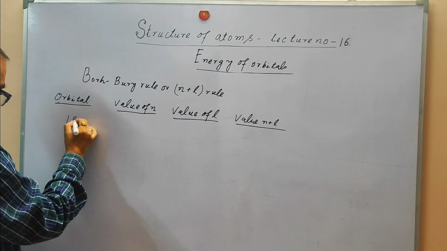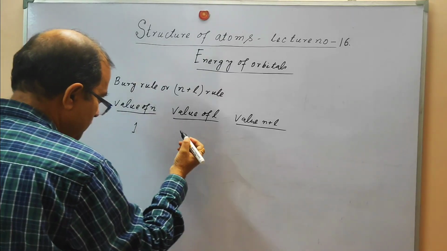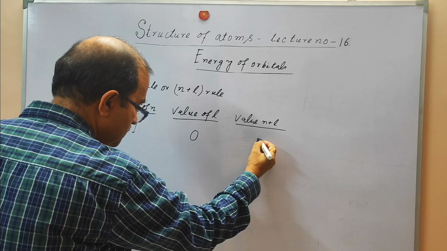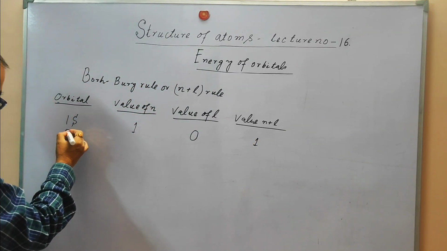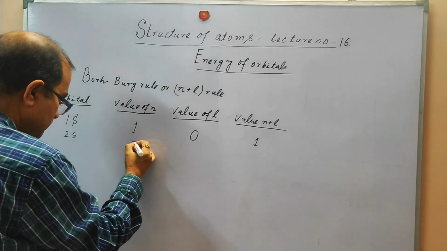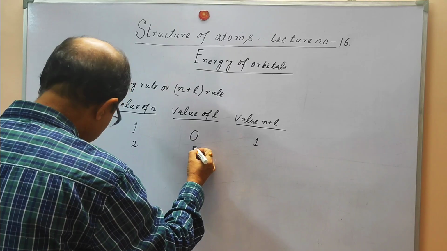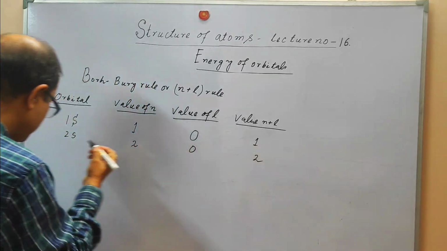Take the 1s orbital: the value of n is 1, the value of l is 0, so the value of n plus l is 1. So it will have the least energy. Then the 2s orbital: the value of n is 2, the value of l is 0, so n plus l is 2.